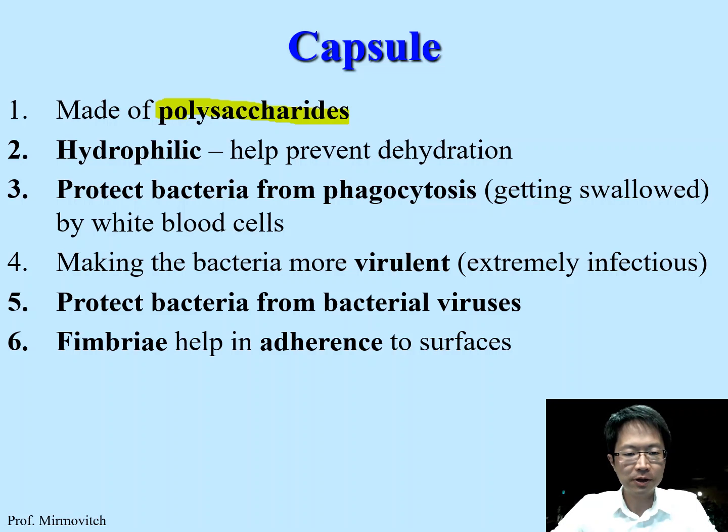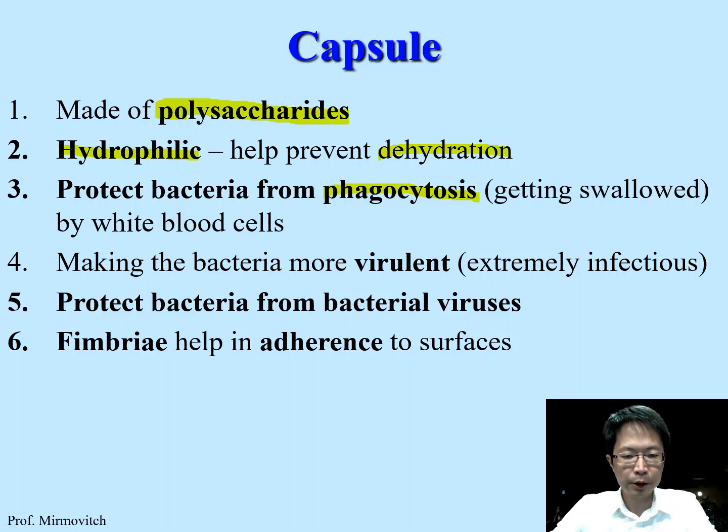They are hydrophilic. So it helps to prevent desiccation, or dehydration, or losing water from the cytoplasm. They also protect bacteria from phagocytosis. Phagocytosis is, you may call it, getting swallowed by white blood cells.